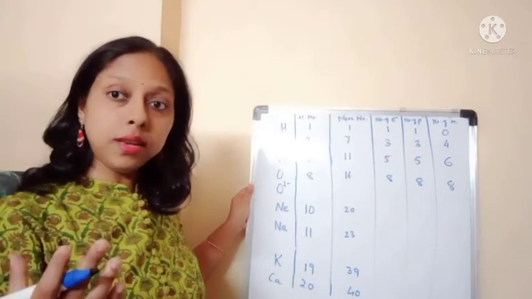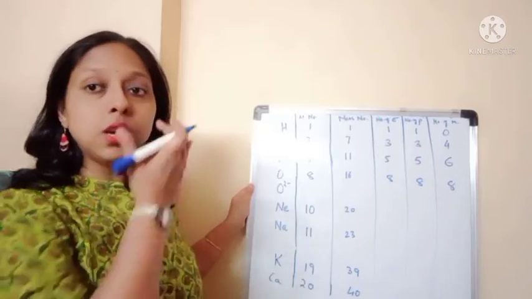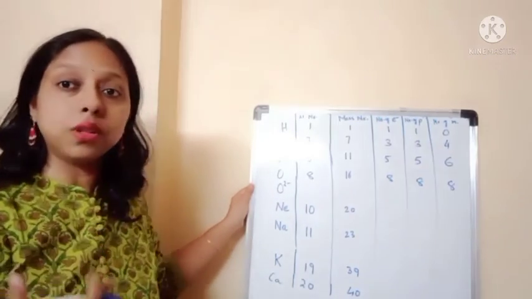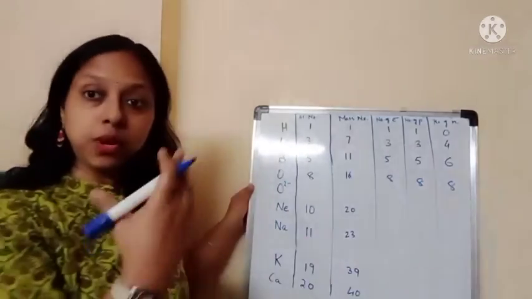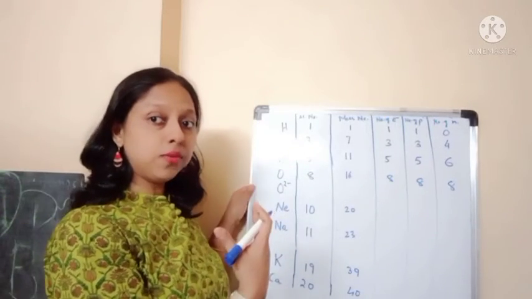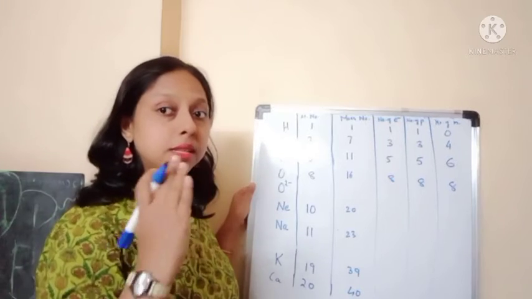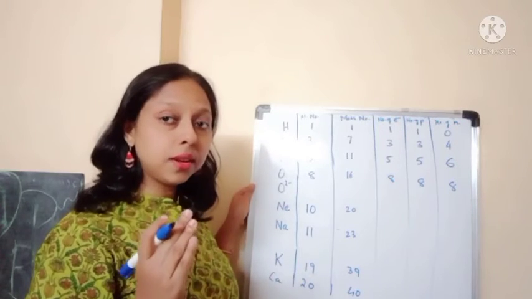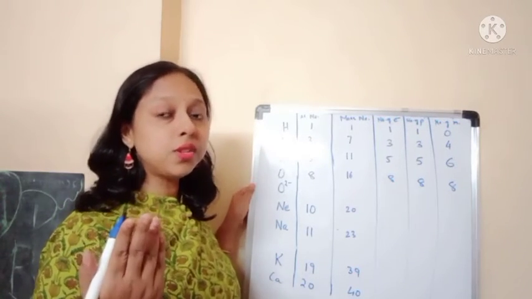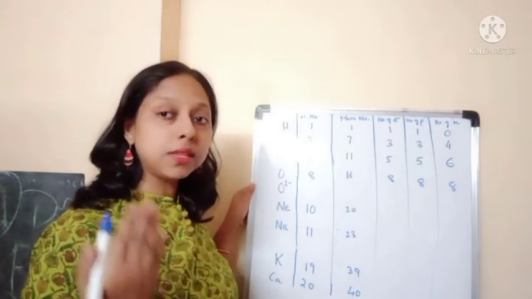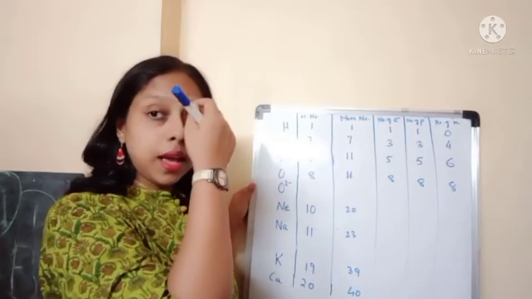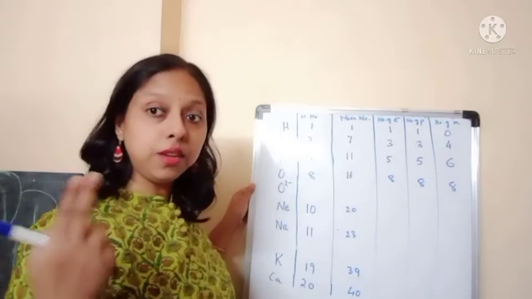Why they gain, we will come to afterwards. Here oxygen has gained 2 electrons. So what will happen? 8 electrons and 8 protons are balancing the charge, but these 2 electrons are extra. These 2 negative charges cannot be balanced, so the resulting oxygen ion has 2 negative charges.